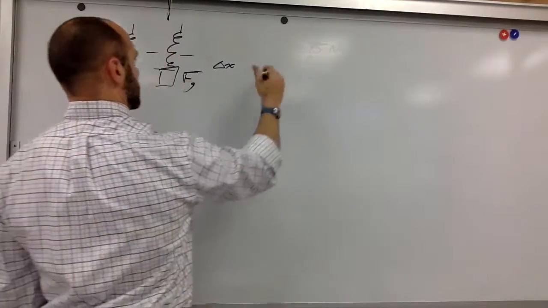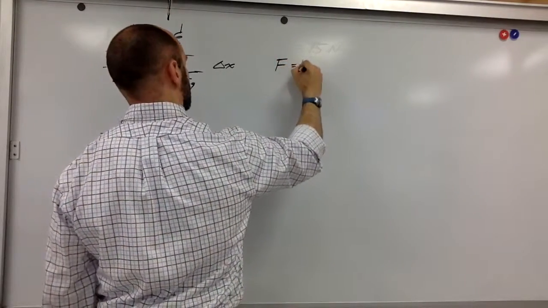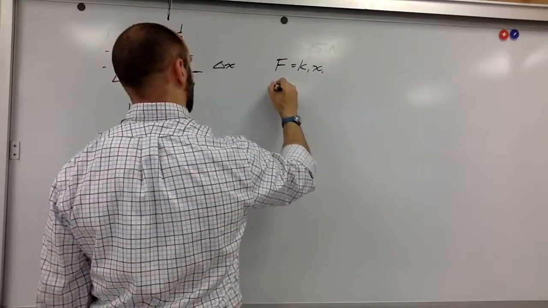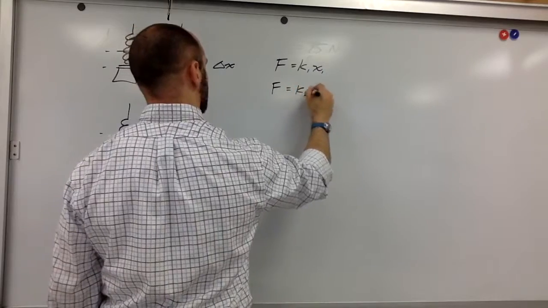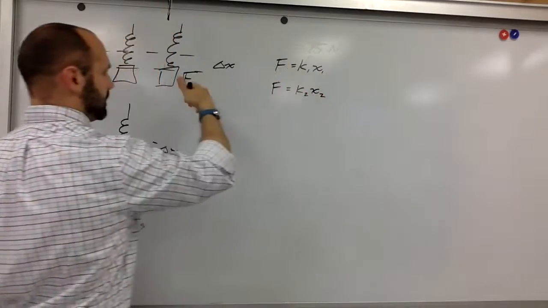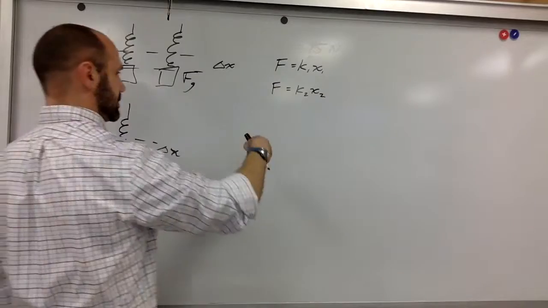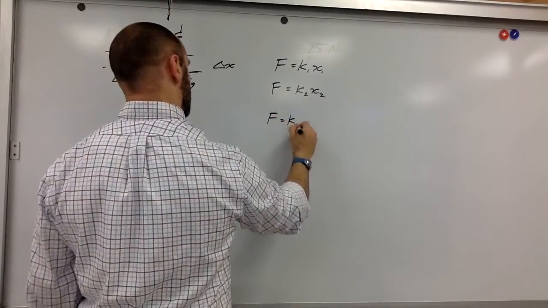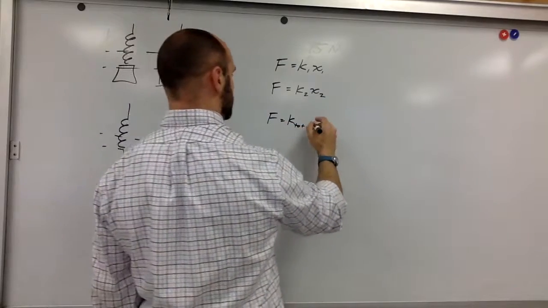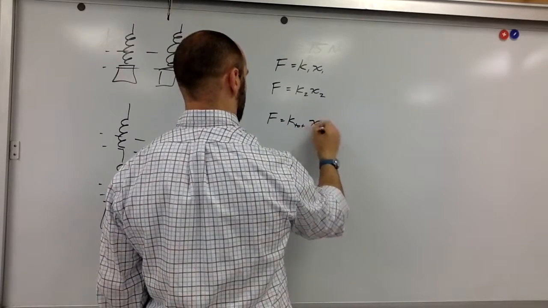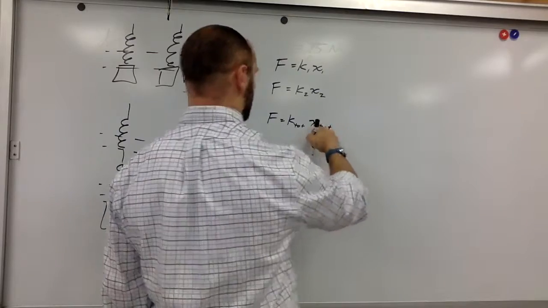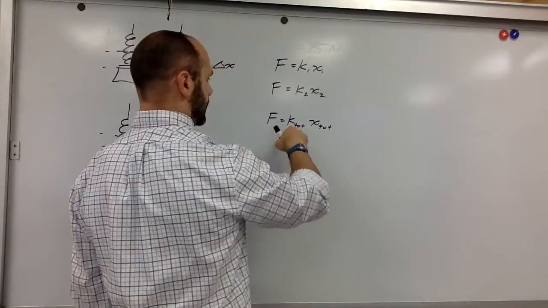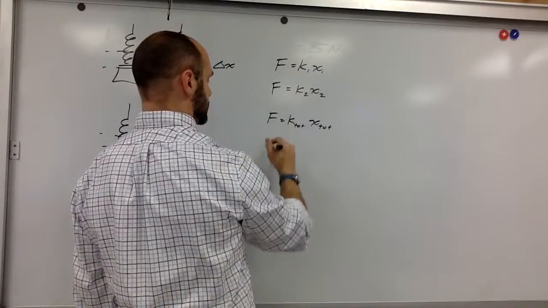So my equation for this one is F equals K1 x1. And then here I've got F equals K2 x2. These might be different springs, so I'm getting different stretches. And then down here, I'm getting F equals K total times x total. And this x total is x1 plus x2, right? And I want to know, how does this compare to these?